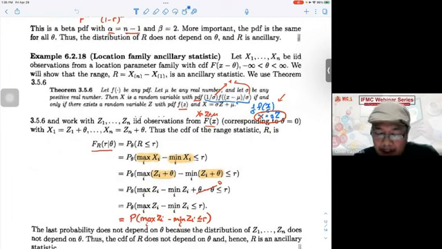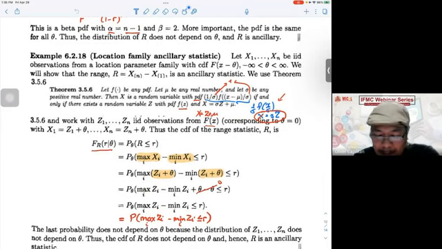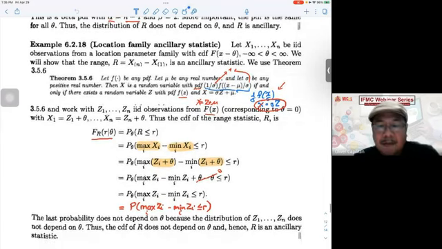So we have a random sample, X sub 1 up to X sub n, in which the observations come from the location parameter family. That means the CDF is of this form, big F of x minus theta, and our theta ranges from negative infinity to positive infinity.